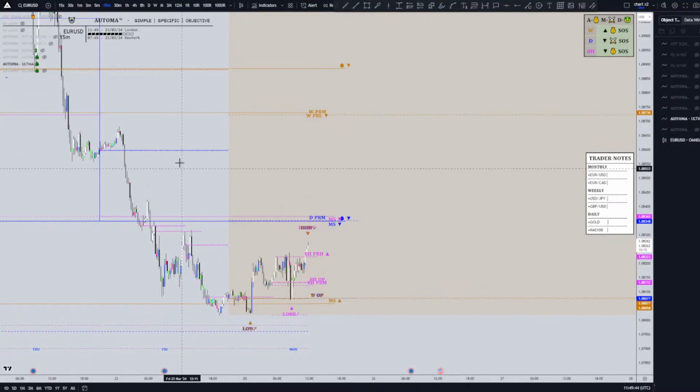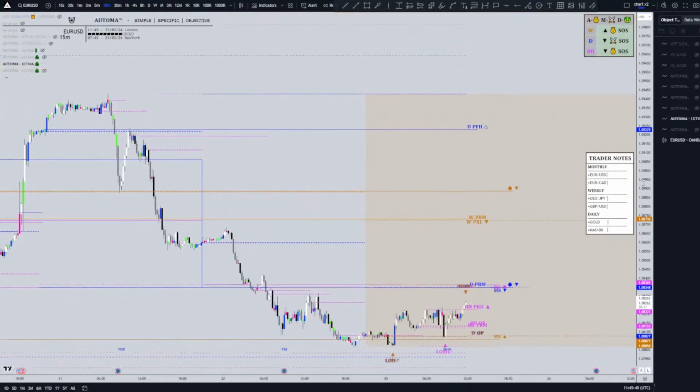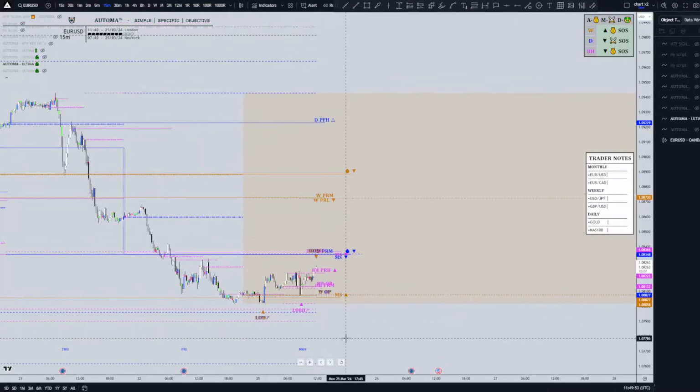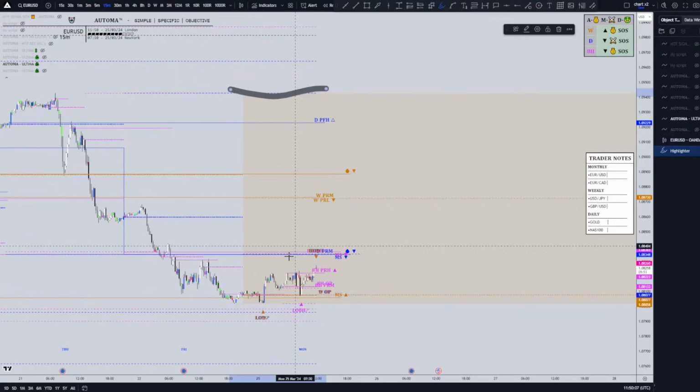Weekly template, 50 minutes. Actually this Wednesday we're going to do a workshop regarding backtesting. Anyways, Sunday or Monday, whenever you're forecasting or preparing for your week, you have your previous range there.